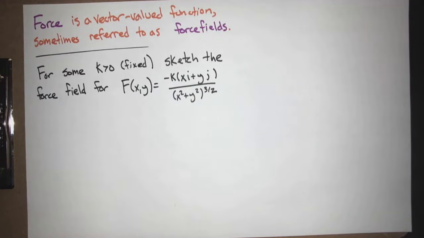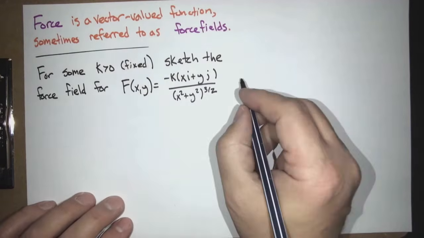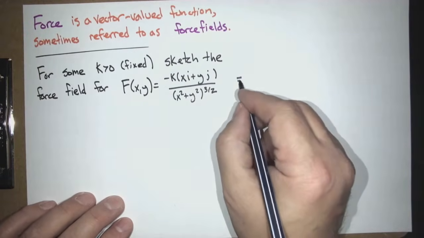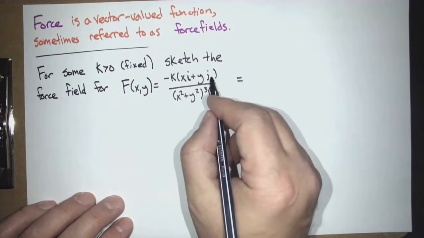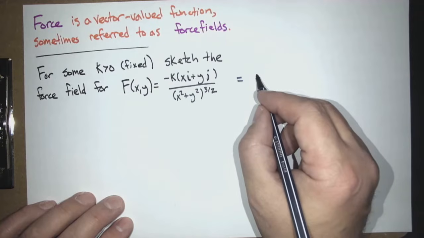Now, it may not be immediately obvious what this function is. So we can try to first understand the function, or we can just plot some vectors. What should we do first? Understand? Plot? Well, okay. Let's think of it for a second here. This is using the i and j notation. So remember, that's just another way to write vectors.